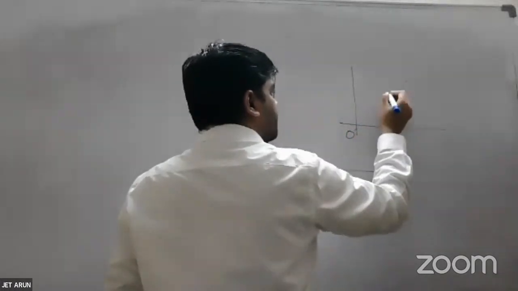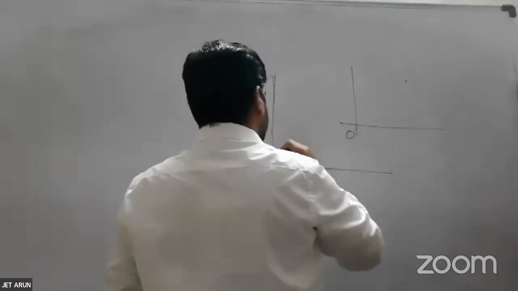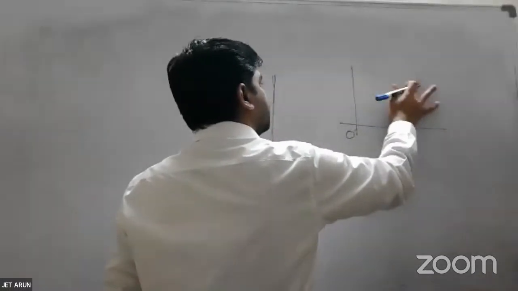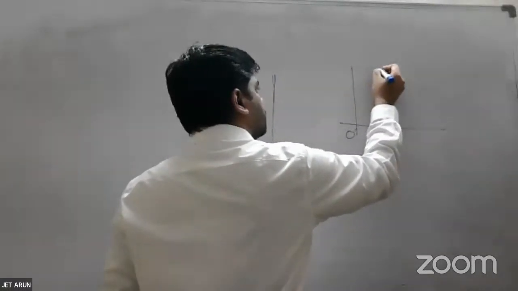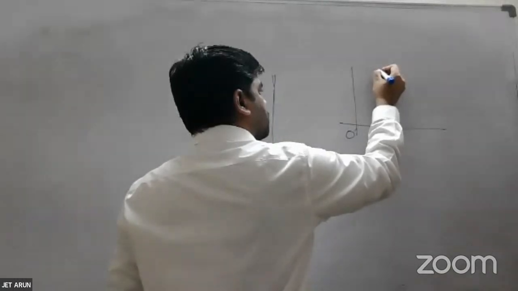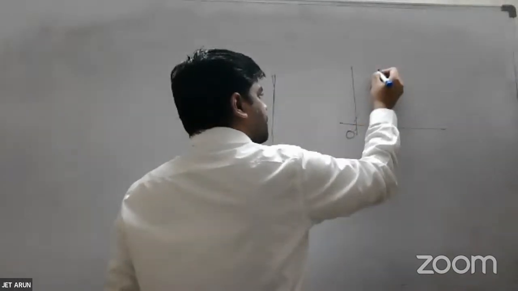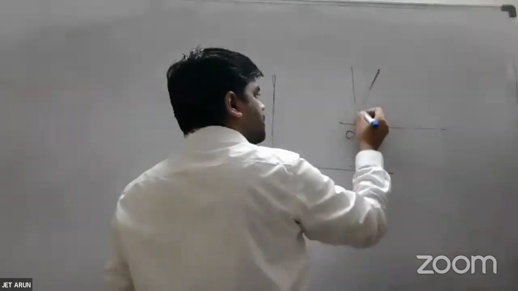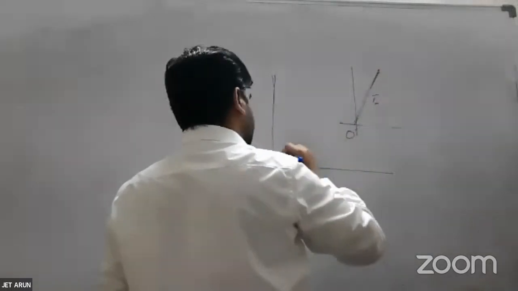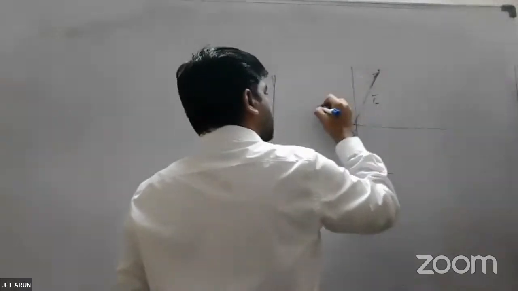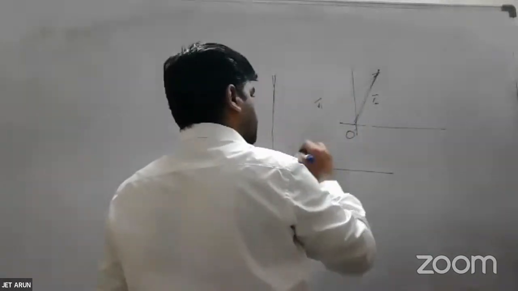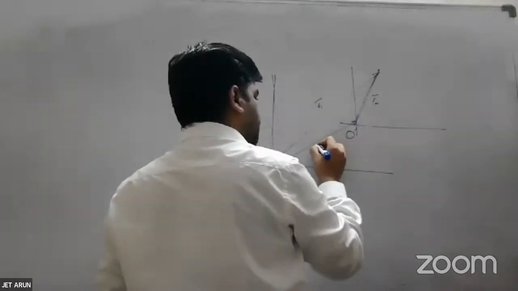There's a particle P here. This is R2 bar. This is R1 bar. And this is R0 bar.